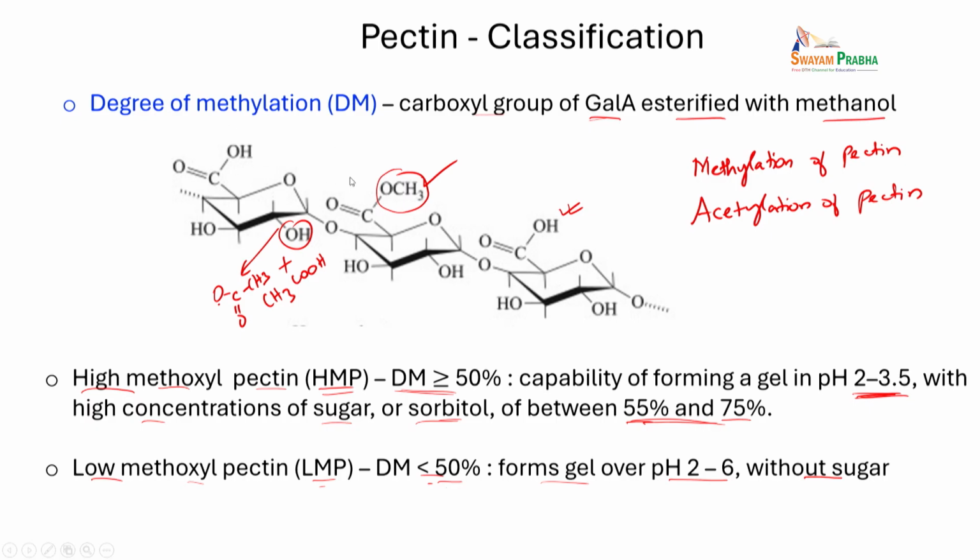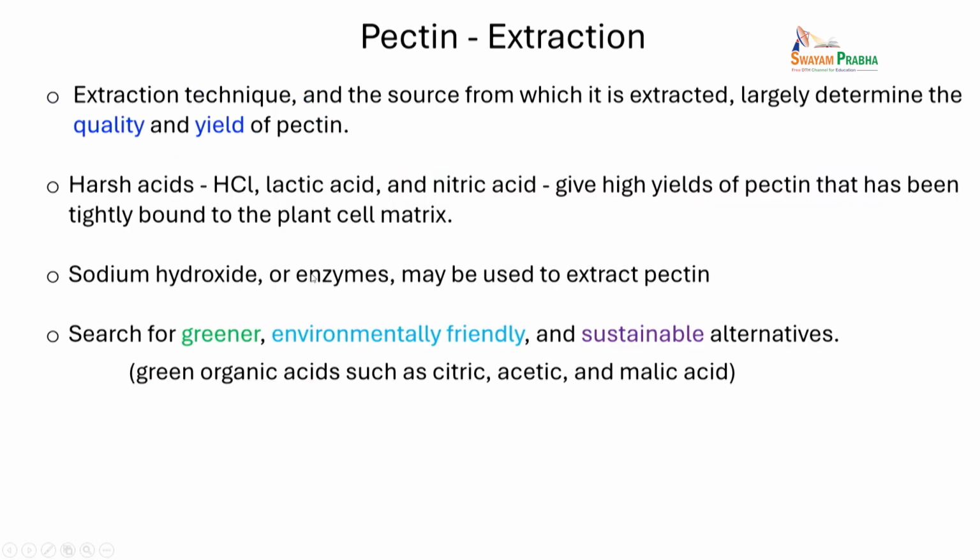While the carboxylic group can be methylated, the OH group here can also be acetylated. So depending upon the degree of acetylation, the property of the pectin also will change. So it is subject to many kinds of further chemical modifications, especially with methanol and ethanol and other things.